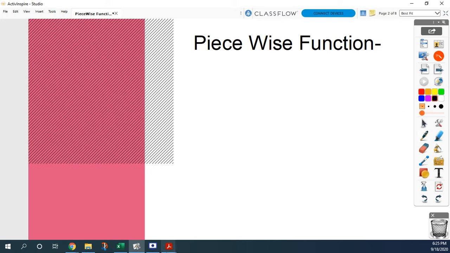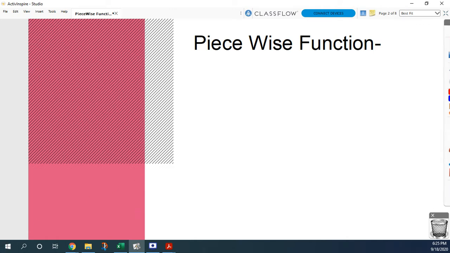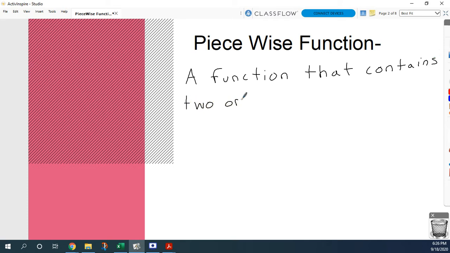So a piecewise function. Now it sounds kind of funny, but basically it's a type of function that contains two or more equations over a specified domain.